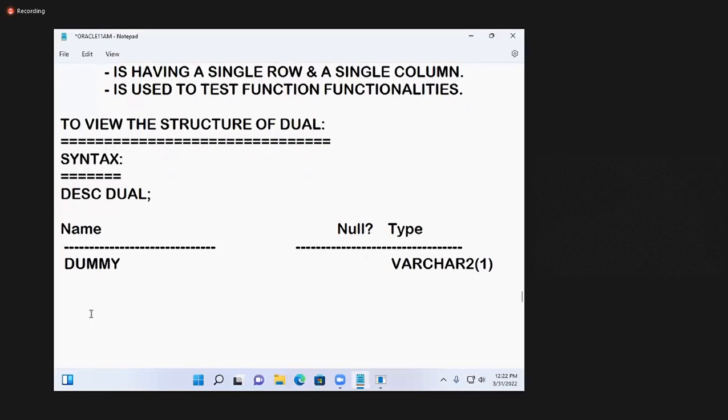Okay, right. This is the structure, only one column. The column name is dummy and the data type is VARCHAR2 of 1. And by default, this column is nullable.